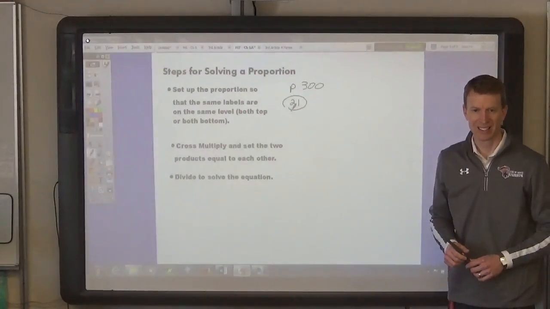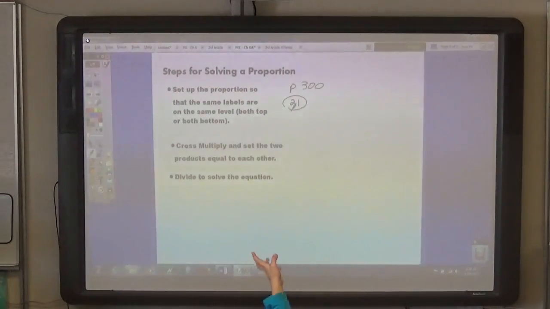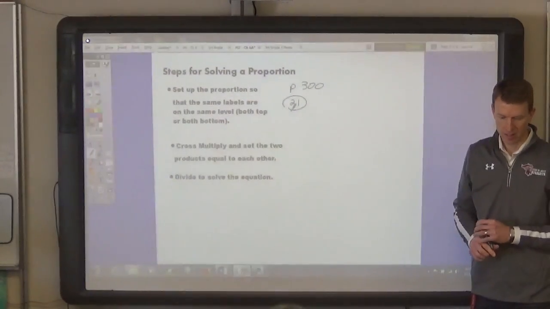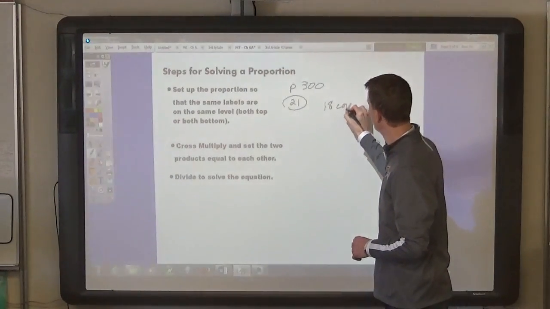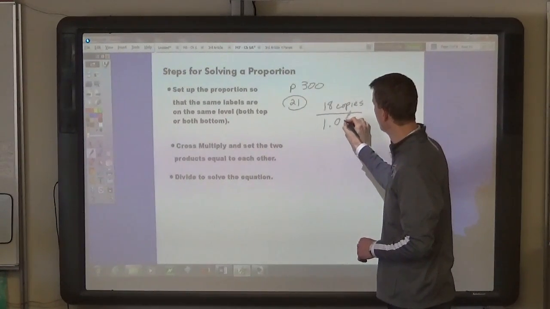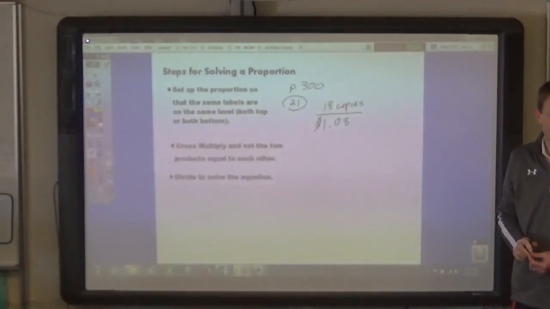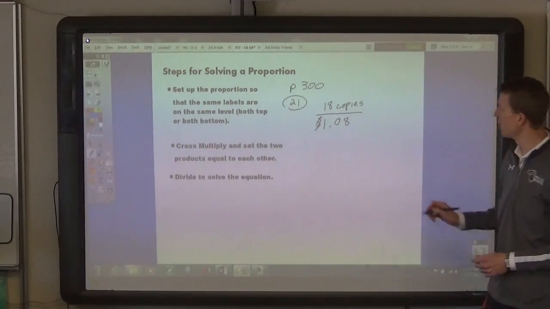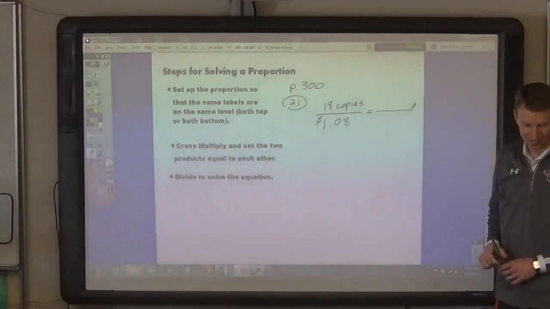Correct. And you can use a proportion to solve this. So go ahead and see if you can set that up. Yep, set up a proportion. 18 copies.